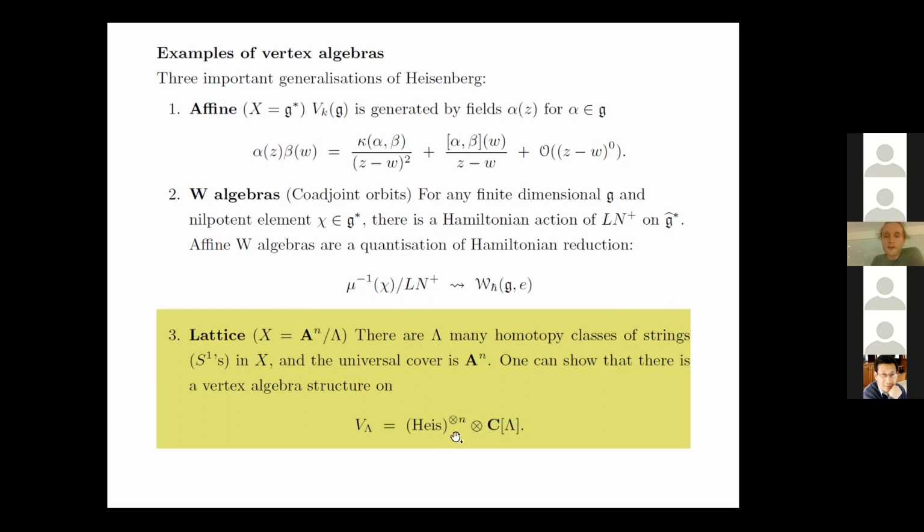Okay, why are you doing this? You should maybe think about this as being the fact that there's lambda many homotopy classes of S1s inside the torus, and the universal cover of the torus is A^n, which is why you might expect a vertex algebra structure on this. Okay. Yes, and you can write down formally what the fields are, but it won't be so important.